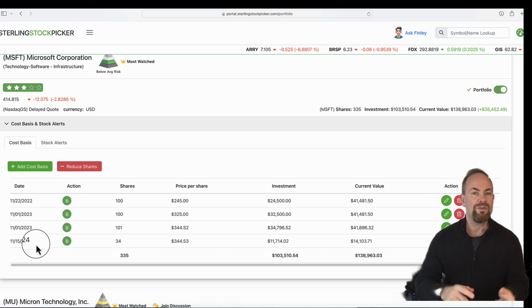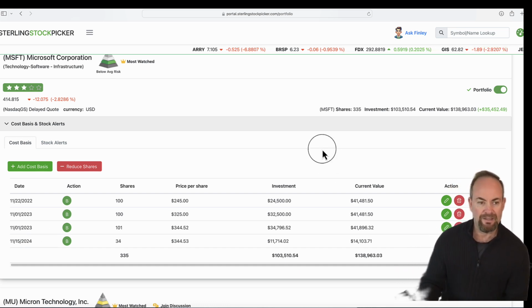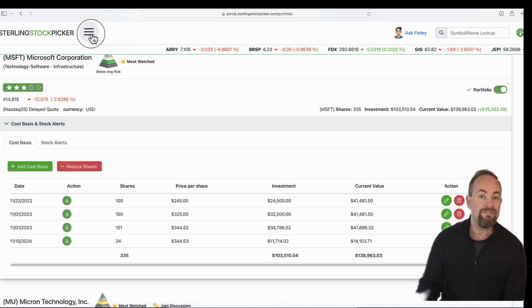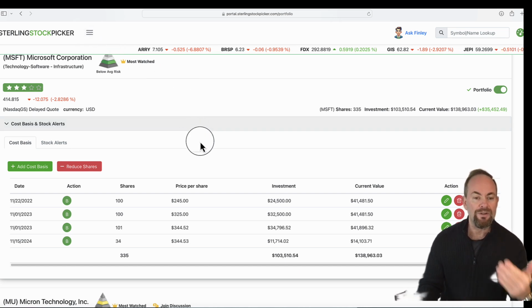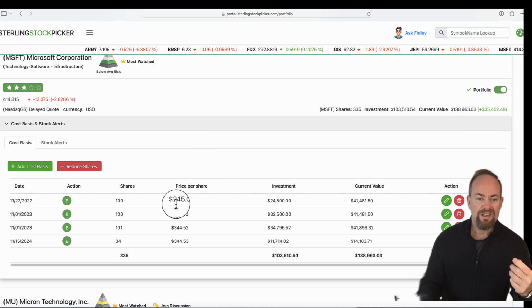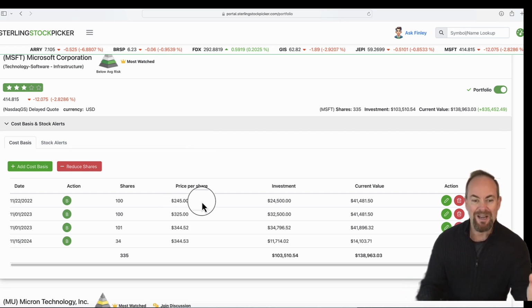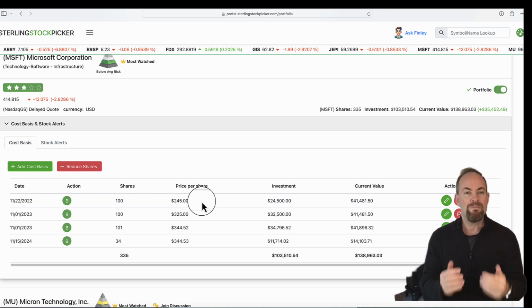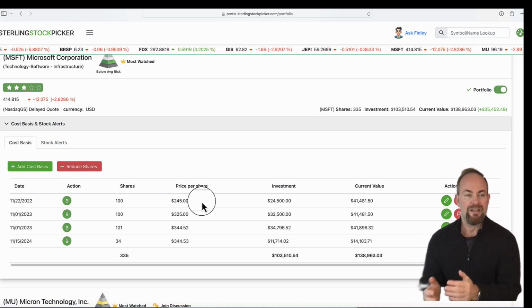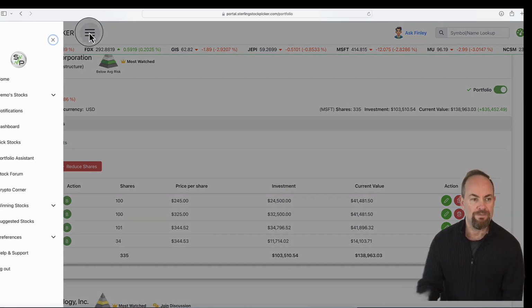This would be called last in, first out, LIFO, right? Last in, first out. As an investor, it could be very helpful for you come accounting time, tax time, because we didn't look at the shares that we paid $245 for, right? We're looking at the ones that were most recently purchased, and we are liquidating those. So I hope that's a helpful tip for you.